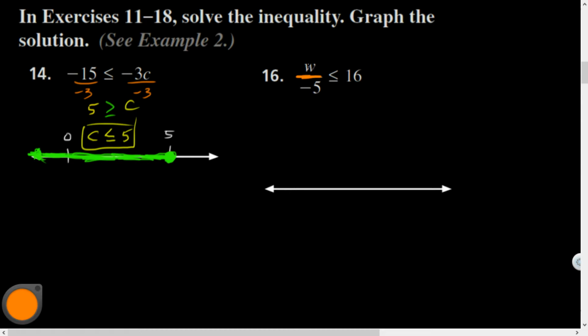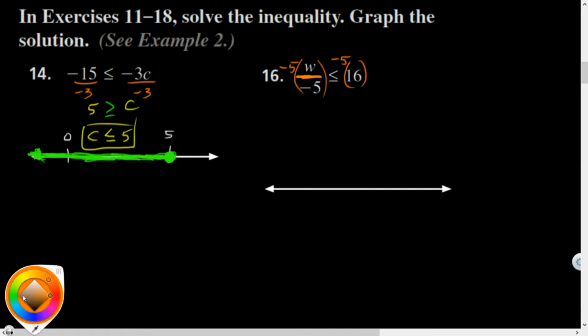The inverse of dividing is multiplying both sides by negative 5. And wait, we just said multiply by a negative in an inequality, so I've got to flip it, right? Remembering to flip it is going to be the easiest point you can get on the test.